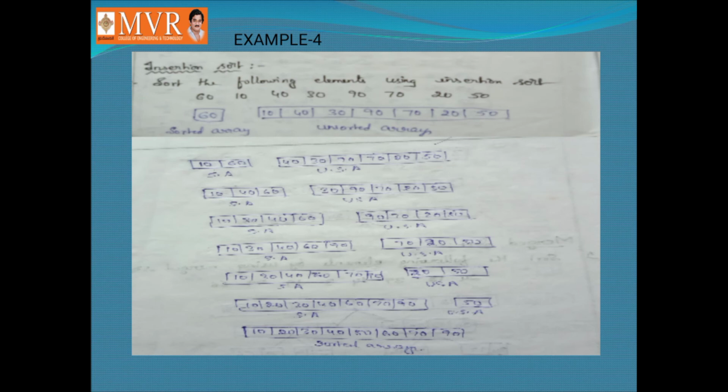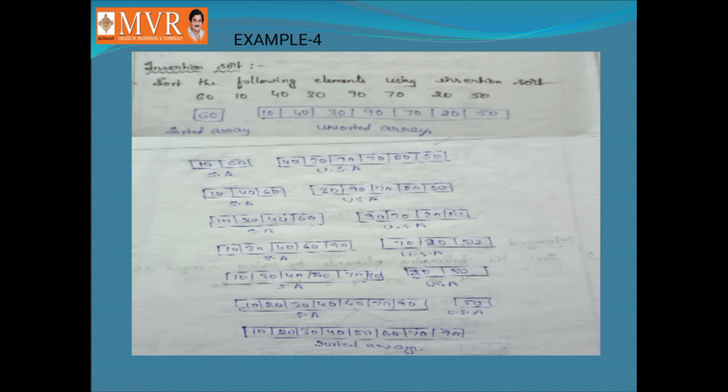So my sorted array becomes 10, 60, and my unsorted array elements are 40, 30, 90, 70, 20 and 50. After this, compare my third element, 40, with the elements in my sorted array starting from the beginning. I compare with 10; 40 is bigger than 10.